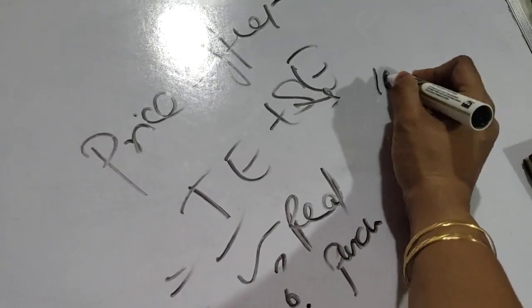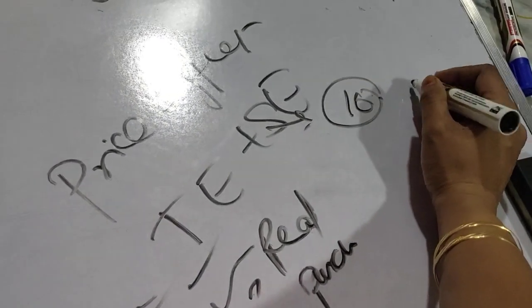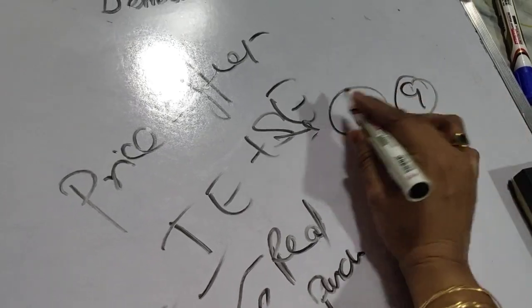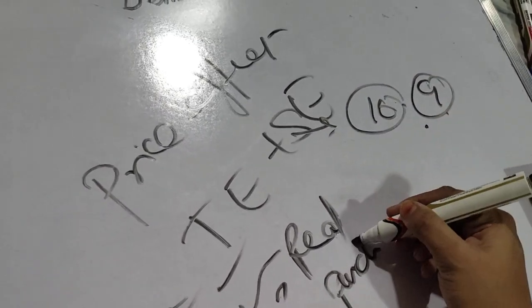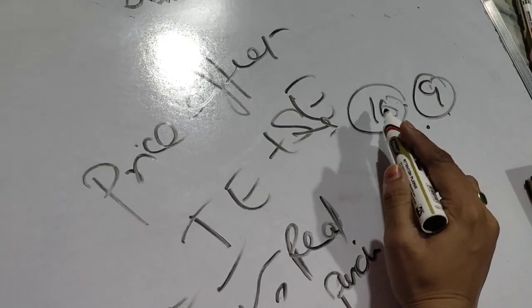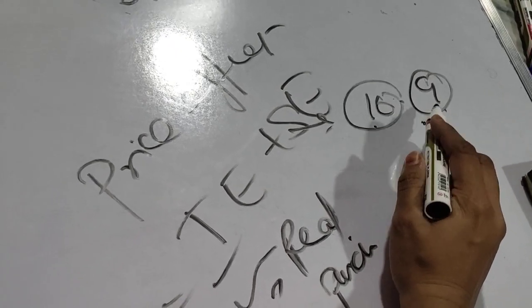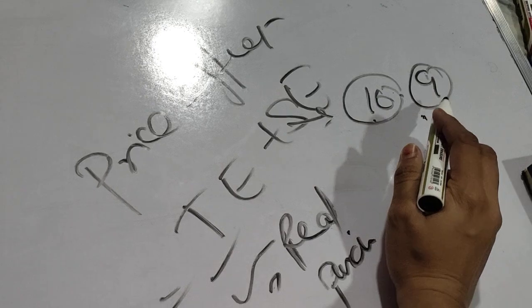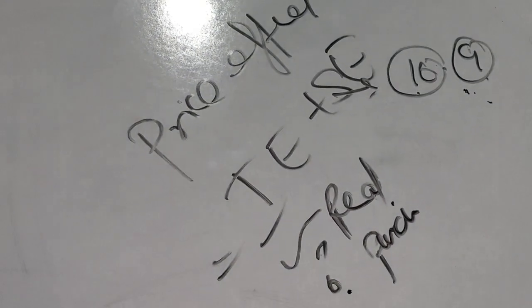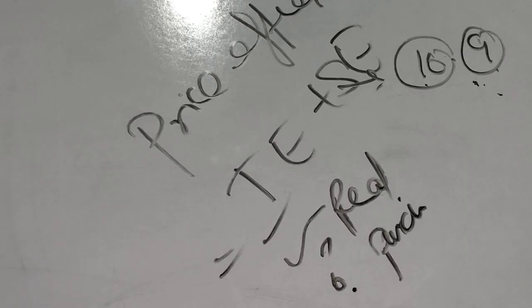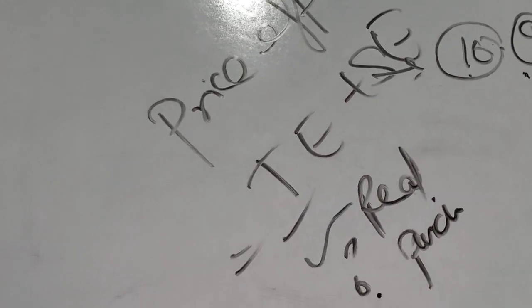Like if my price is 10 and now it has fallen to 9, then as compared to other goods, my good is cheaper. That is substitution effect. Now income effect is, instead of spending 10 rupees, I can spend 9 rupees. I'm saving some money. I feel like my income is more, so that is income effect.